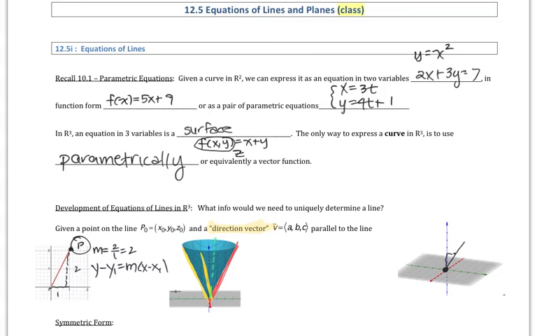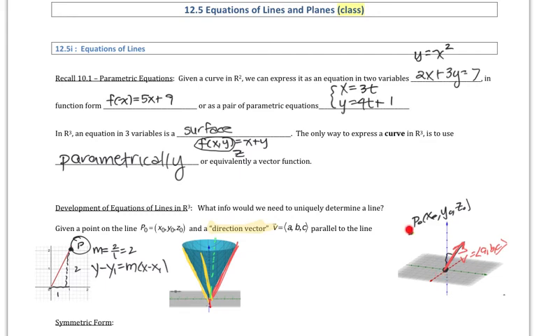So if we're given a point, let's say this is our point P0, which is x0, y0, z0. And we're told that we want a line that is parallel to this vector. So let's call this vector V, ABC. That gives us some sort of steepness, but we're not just saying the steepness, we're saying this direction too.